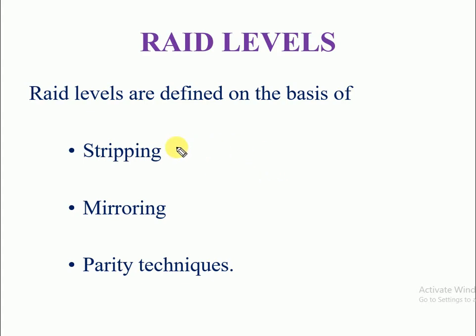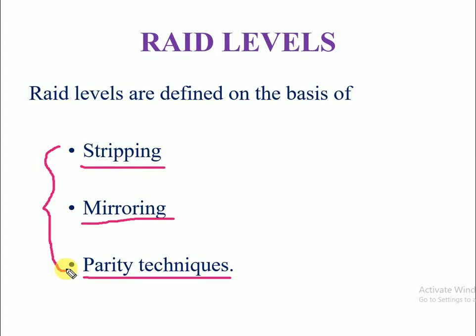RAID levels are defined based on three concepts. One is called striping, the second is mirroring, and the third is parity checks. Based on these three, we maintain the different levels of RAID standards. What striping, mirroring, and parity check are, we will see in the following slides.